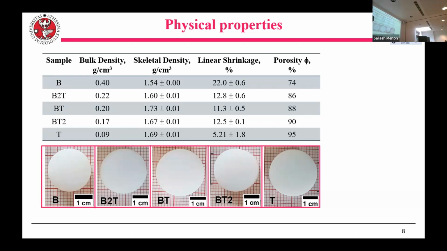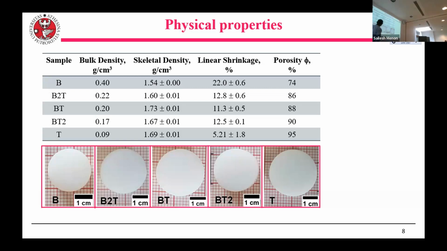Normally, the variation of this bulk density may be related to the initial composition of the starting material. Now, our samples, the different SiOC aerogels, typically have a dimension of 30 millimeter in diameter and 10 millimeter in thickness, because this dimension is convenient to measure the thermal conductivity using the hot disk method.